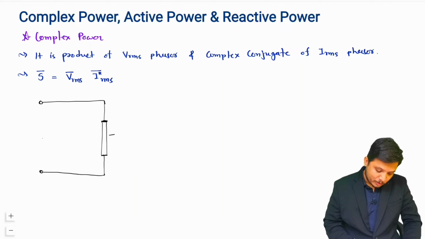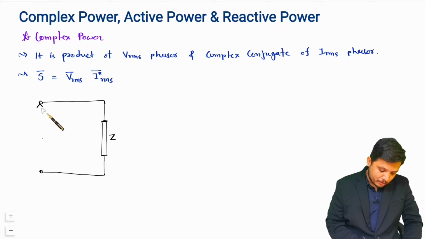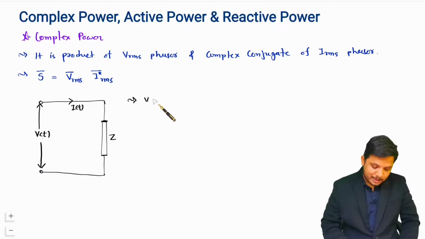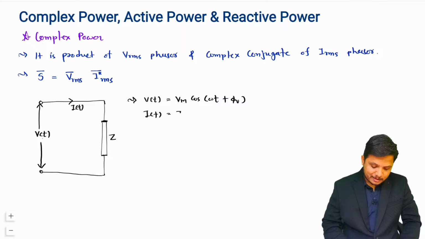Let us consider the load is Z, and with this load let us apply voltage v of t, and because of this supply, let us say current i of t is passing through this load Z. Let us represent v of t as Vm cos(omega t plus phi v), and i of t as Im cos(omega t plus phi i).